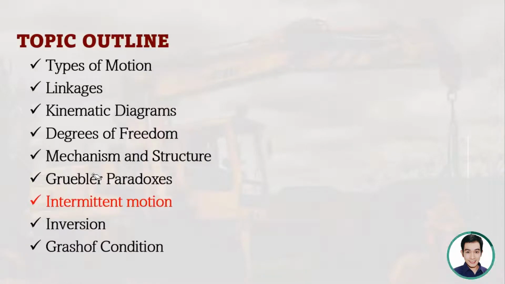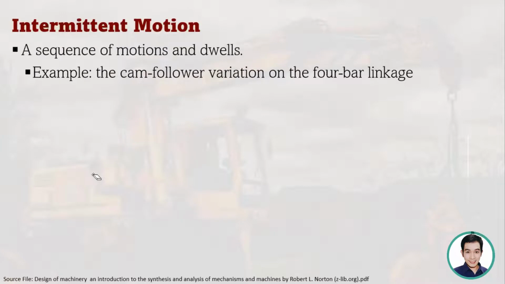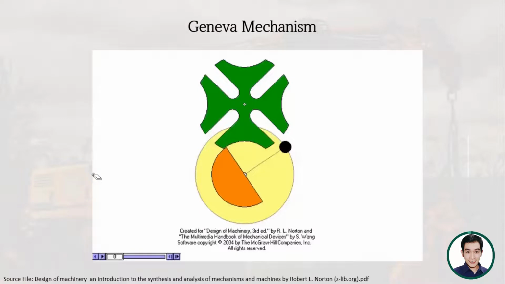So now let's move forward to intermittent motion. Intermittent motion is a sequence of motions and dwells. An example of this kind of motion is the cam-follower variation on the 4-bar linkage mechanism. There are many examples of intermittent motion that is composed of motions and dwells.